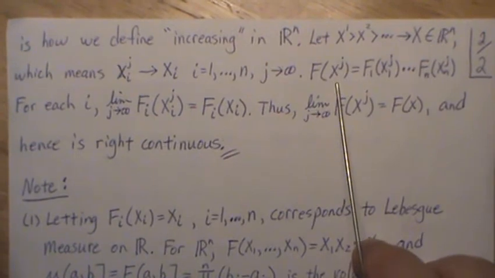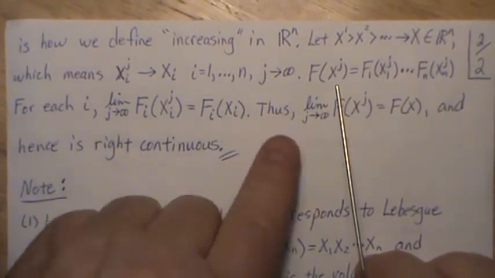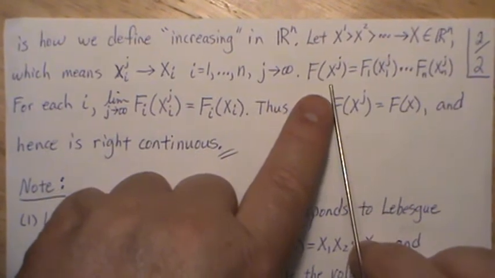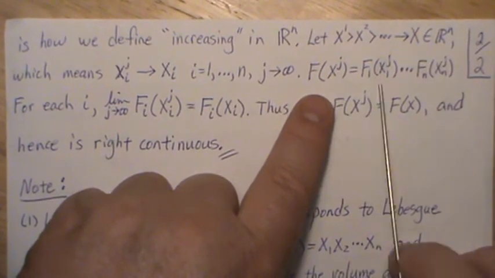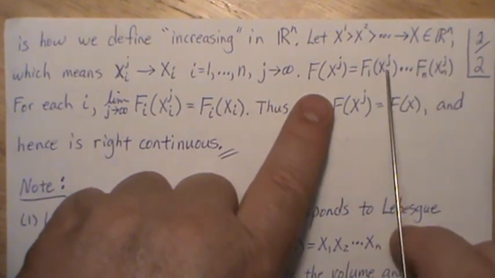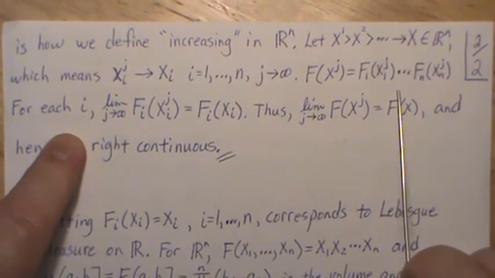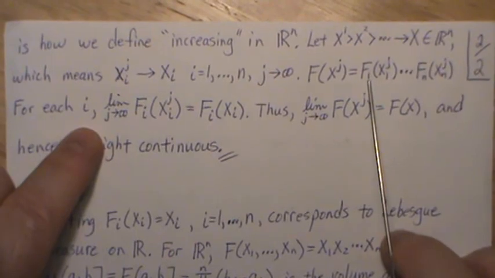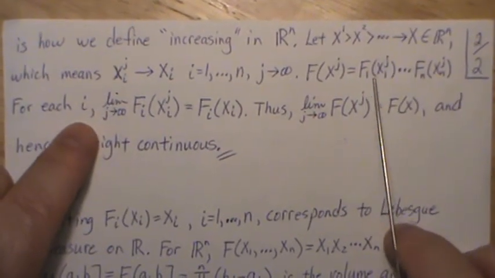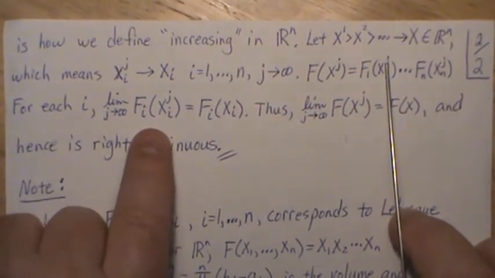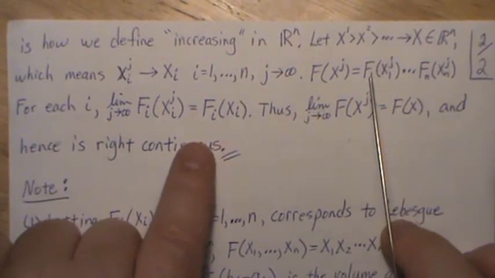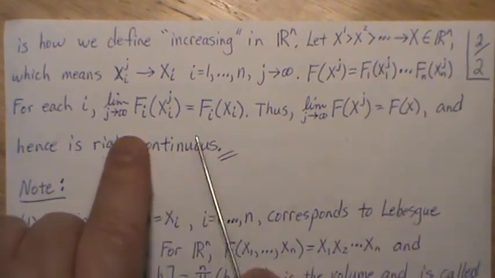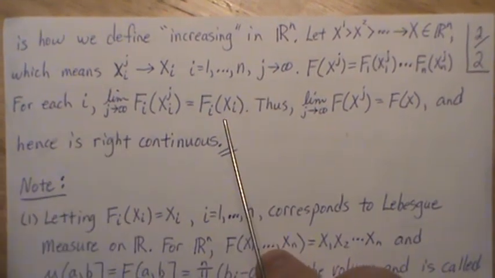Then we know that f of xj is the product of these f's, f1 of x1j, etc. Since for each i, this one, for instance, converges to f1 of x1, not j, it's right continuous.